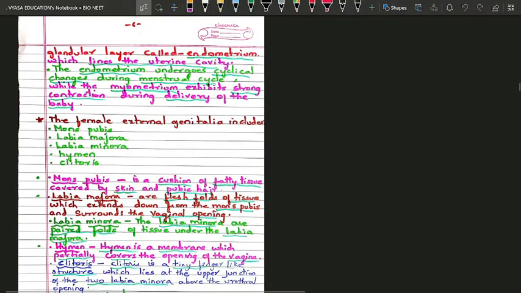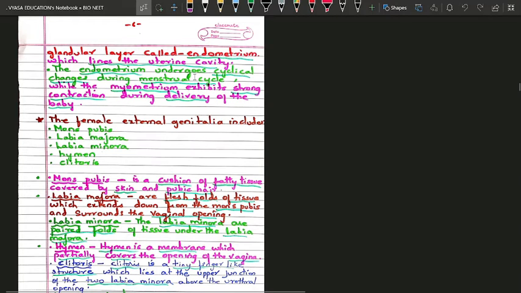The endometrium undergoes cyclic changes during the menstrual cycle, while the myometrium exhibits strong contraction during delivery of the baby. Perimetrium, we said, is a thin layer which is the outside layer of the uterus. Endometrium lines the uterine cavity and undergoes cyclic changes during the menstrual cycle.